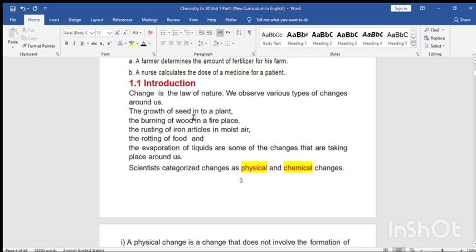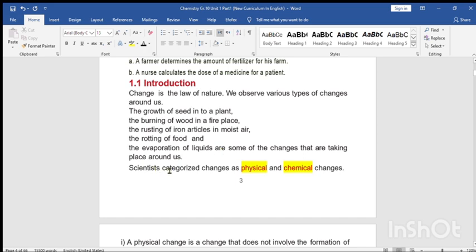These and such types of changes are chemical changes. The other changes, including the evaporation of liquids and the crushing of solid objects like glass and wooden material into pieces, and melting of ice and so forth, are types of physical changes.